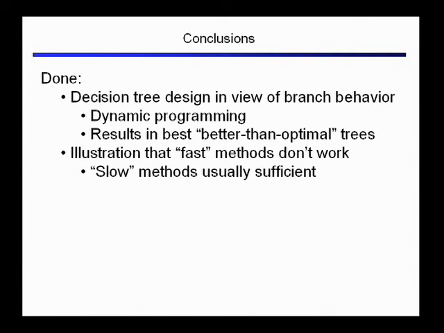And in some sense, this results in better than optimal trees, because like I showed before, if you use previous methods to find optimal trees, they won't truly be optimal in terms of taking the least amount of expected time. And unfortunately, I've shown that the most straightforward, fast methods of finding decision trees don't apply here. But because n is usually pretty small, slow methods are efficient enough for most purposes.